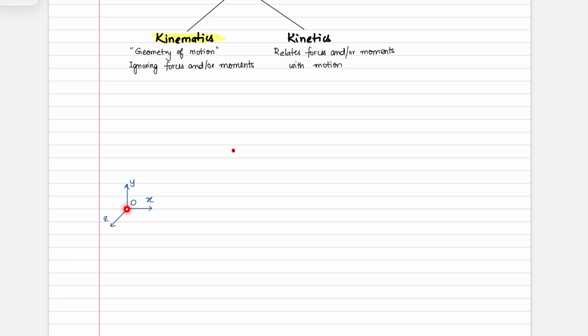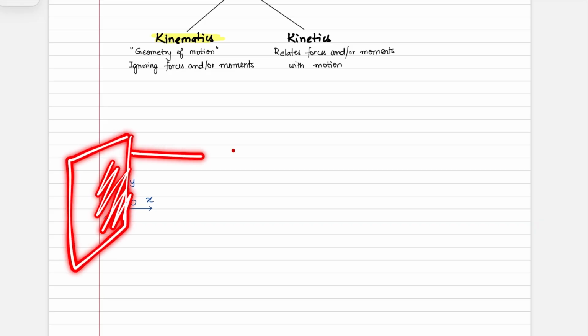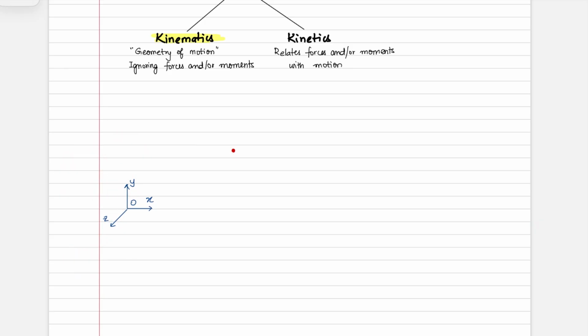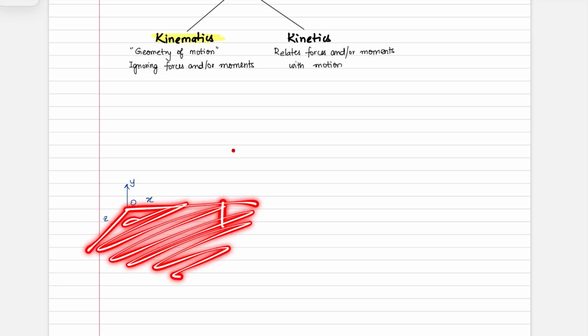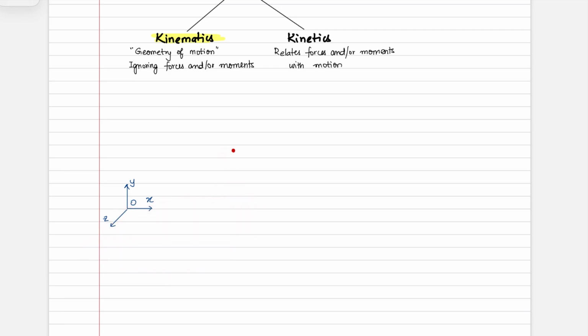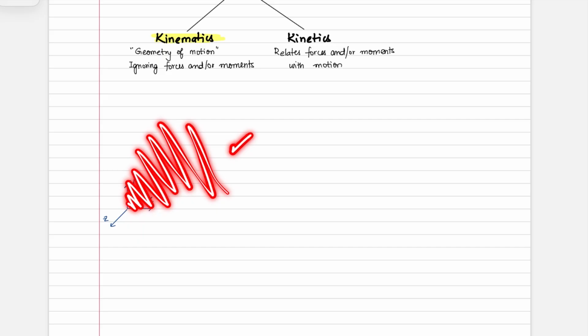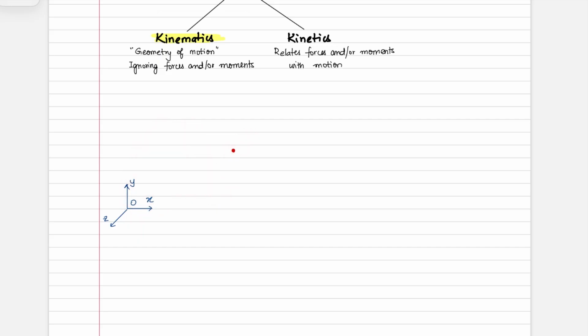So along this direction, or as a distance from this plane over here, you can have a distance of dx. Similarly, from this plane over here, you would have a distance of dy. And then from this plane over here, you would have some distance of dz, right?